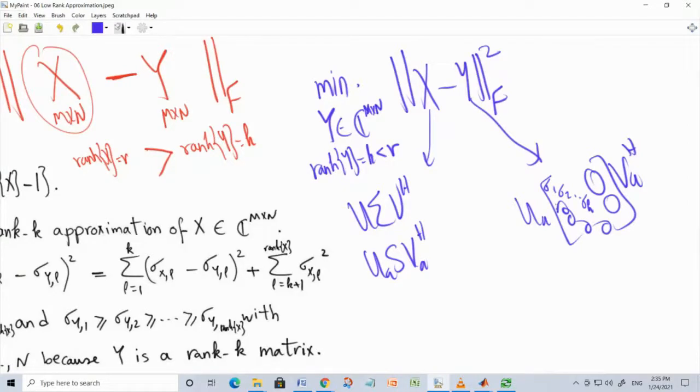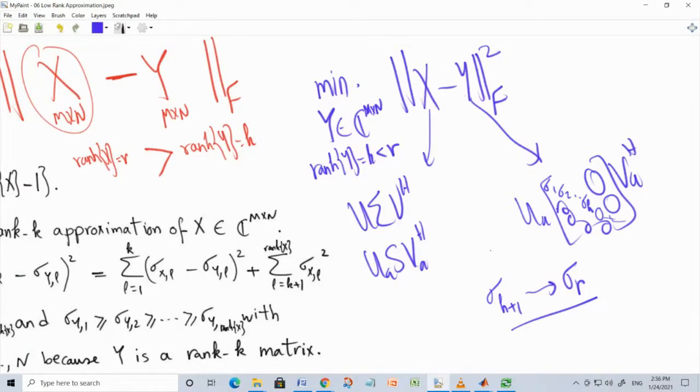So it turns out that the solution to this optimization problem is simply the following. Do the singular value decomposition of matrix X, and keep the K largest singular values. For the singular values from sigma K plus 1 to sigma R, for matrix X those are strictly positive, but in matrix Y, because you want the rank of matrix Y to be K, you simply set those to 0.